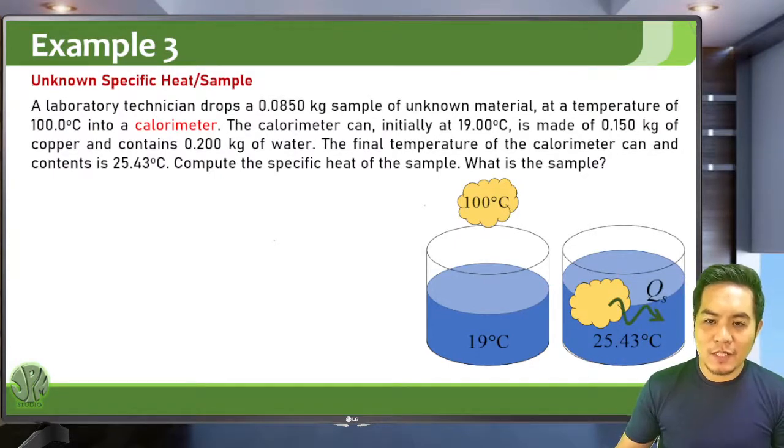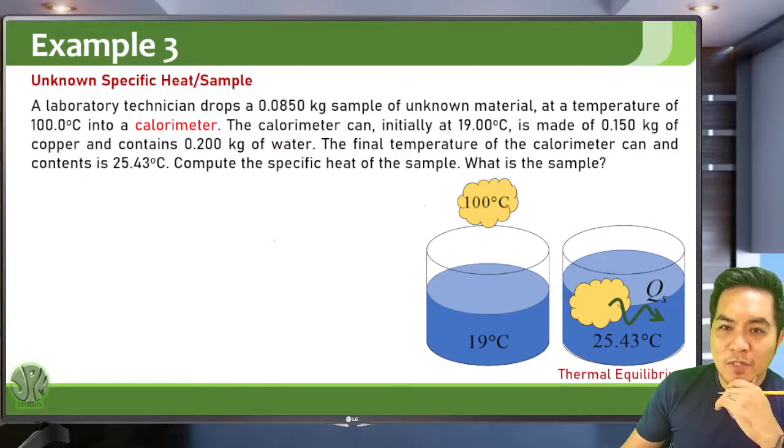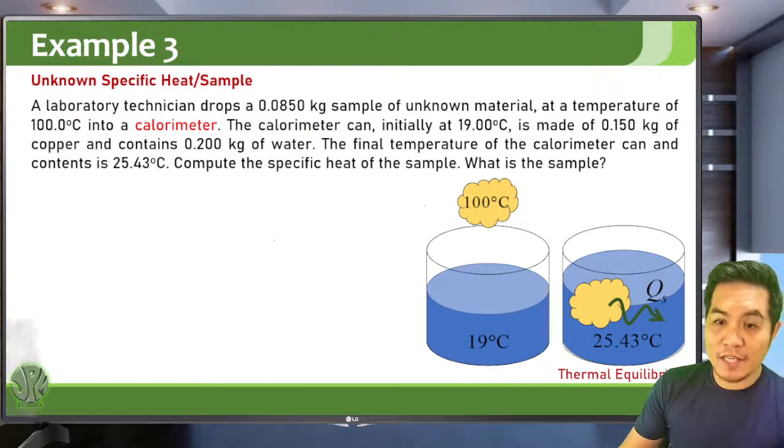They have undergone thermal equilibrium. The final temperature of the calorimeter can and the contents is 25.43 degrees Celsius. Compute the specific heat of the sample and identify what the sample is.